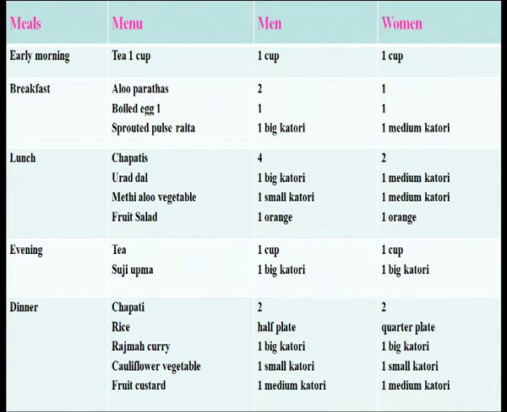When we are planning the lunch, we are having the chapati, urad dal or any other dal, methi aloo ki sabzi or fruit salad. See, in this lunch, we have chosen the cereal as chapati, pulse group as urad dal.